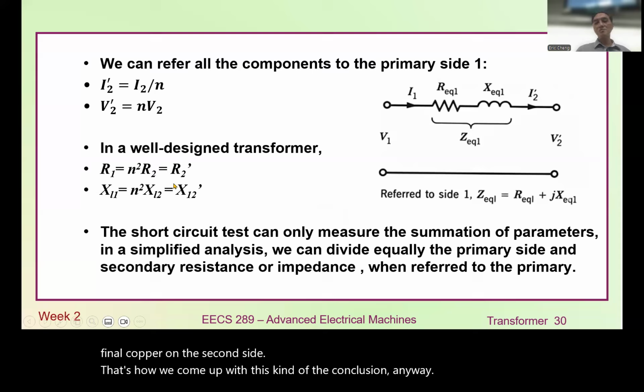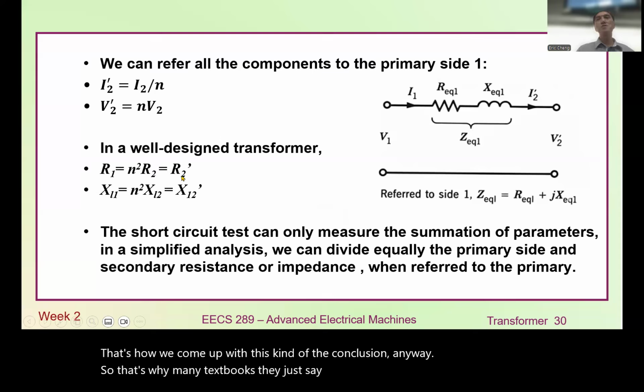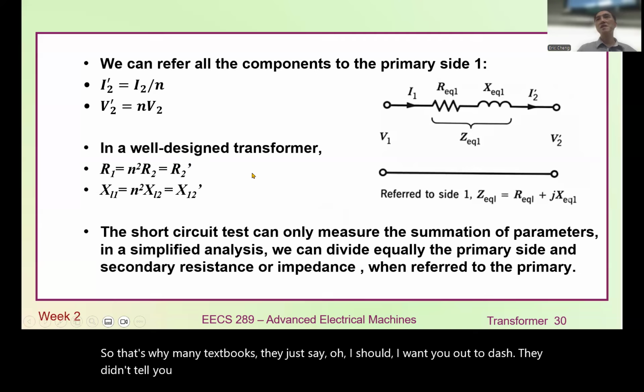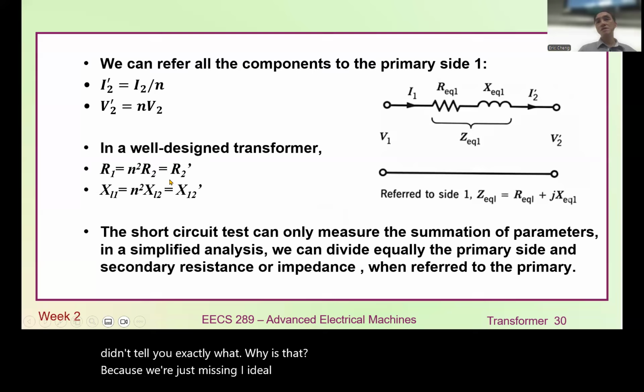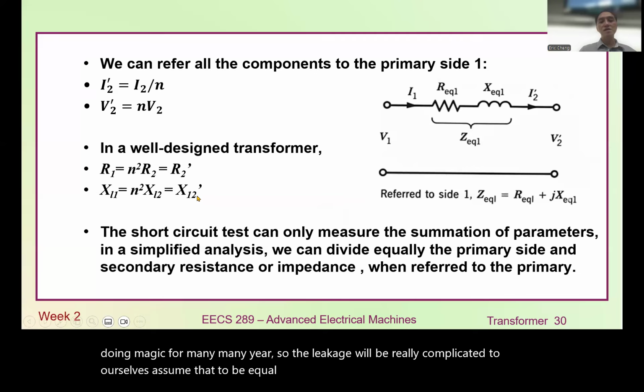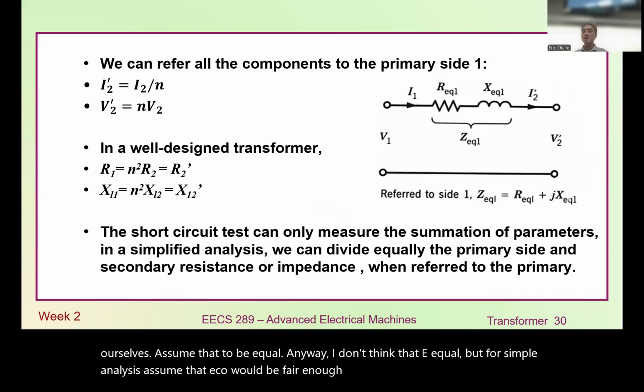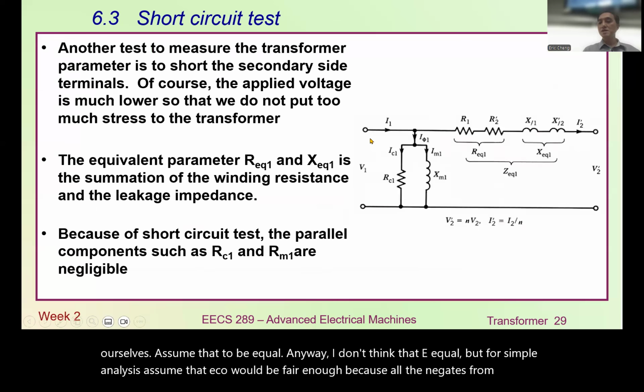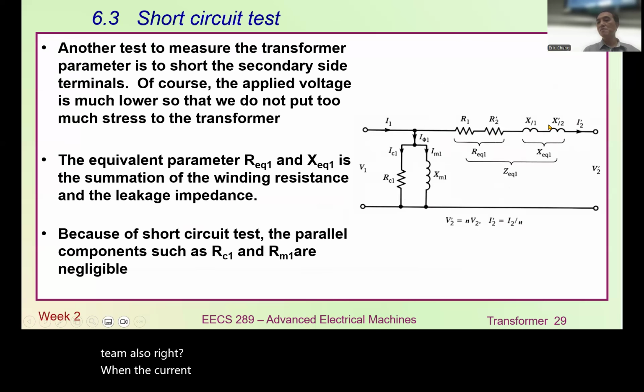So that's why many textbooks just say R1 equals R2 dash. They didn't tell you exactly why, because we're just using an ideal transformer for the design. But having worked on magnetics for many, many years, the leakage will be really complicated, and I don't think they're equal. But for simple analysis, assuming them equal is fair enough, because in this T model, when the current passes through, it passes through both components anyway.